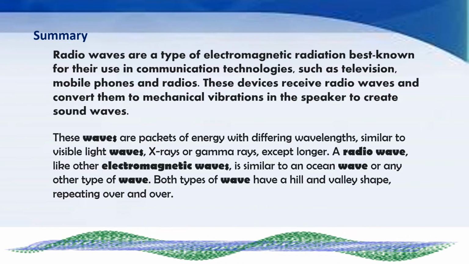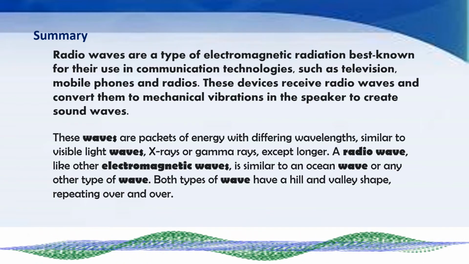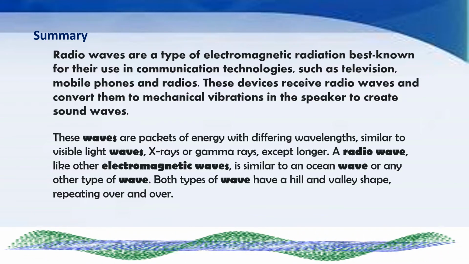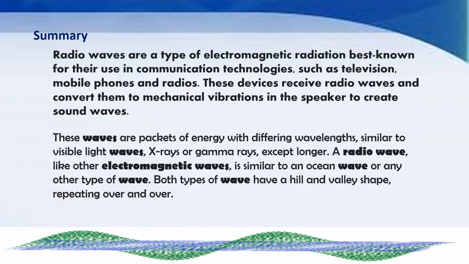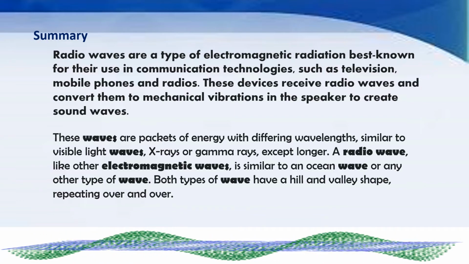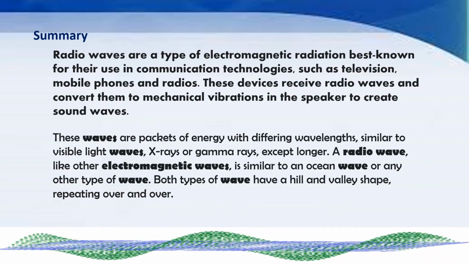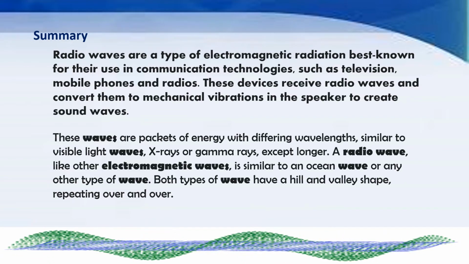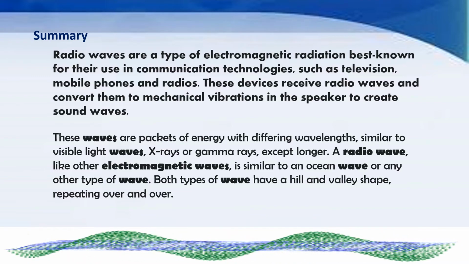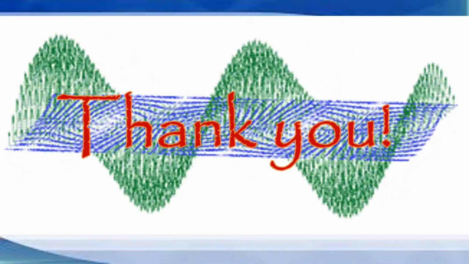These waves are pockets of energy with differing wavelengths. Similar to visible light waves, X-rays, or gamma rays, a radio wave is like other electromagnetic waves. It's similar to an ocean wave or any other type of wave. Both have a hill and valley shape repeating over and over. Okay?